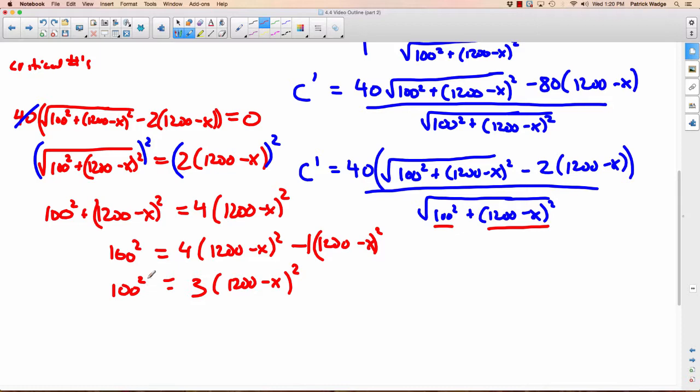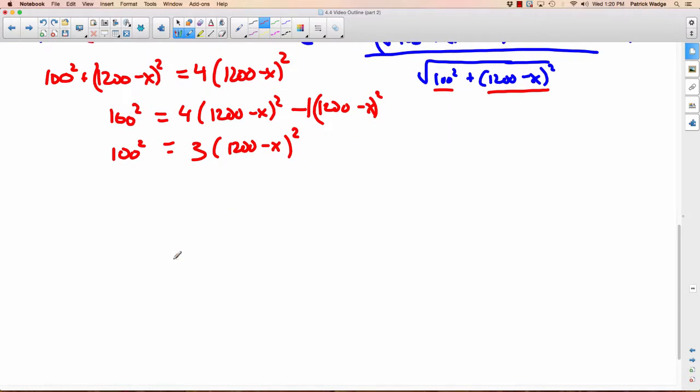I'm still just going to keep it as 100 squared, and you'll see why in a second. We've got to isolate this x, so let's divide both sides by 3. You get 100 squared divided by 3 equals 1200 minus x all squared. In order to isolate now, you have to take the square root of both sides, and you're going to make it plus minus.